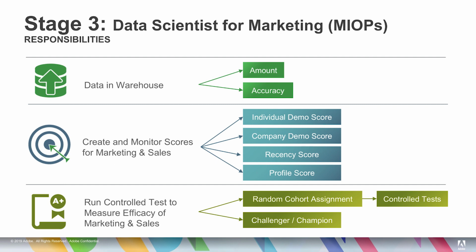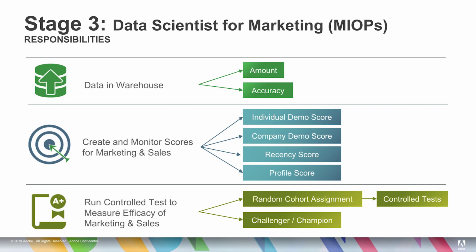And this team specifically is kind of a department within and under marketing operations that focuses on data quality, on making sure that we have a data warehouse that's maintained, and making sure that we have controlled tests that we can run to prove the efficacy of marketing, as well as the creation and management of individual scores, profile scores, as well as any other types of scores or categorization that can be fed into Marketo to drive things like individual, company demographic scores, product scores, interaction with your different tools, everything else like that can be part of it.